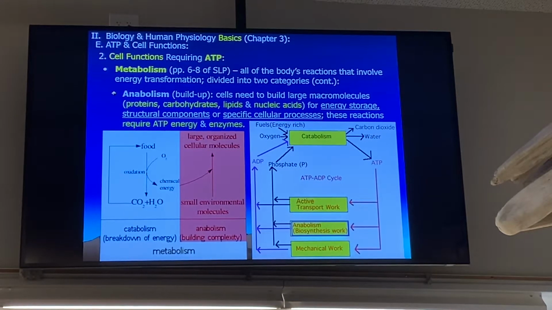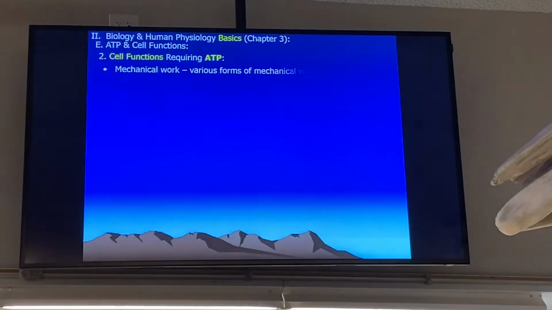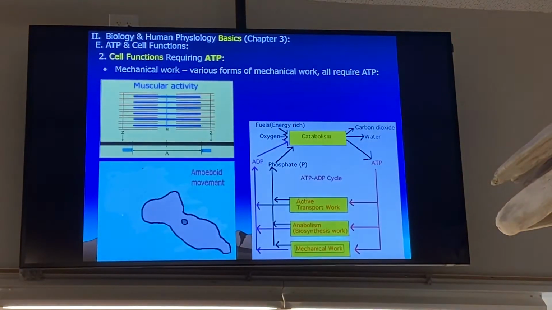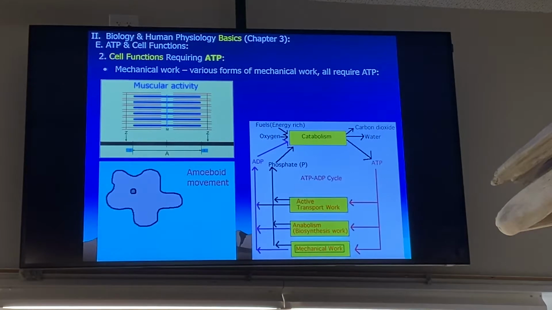But how our cells use these guys to make ATP is one big topic, and then the other big topic is DNA. So a lot of cell chemistry on lecture exam 1, which is you just have to do. That's how physiology is. And then we finished up talking about mechanical work.